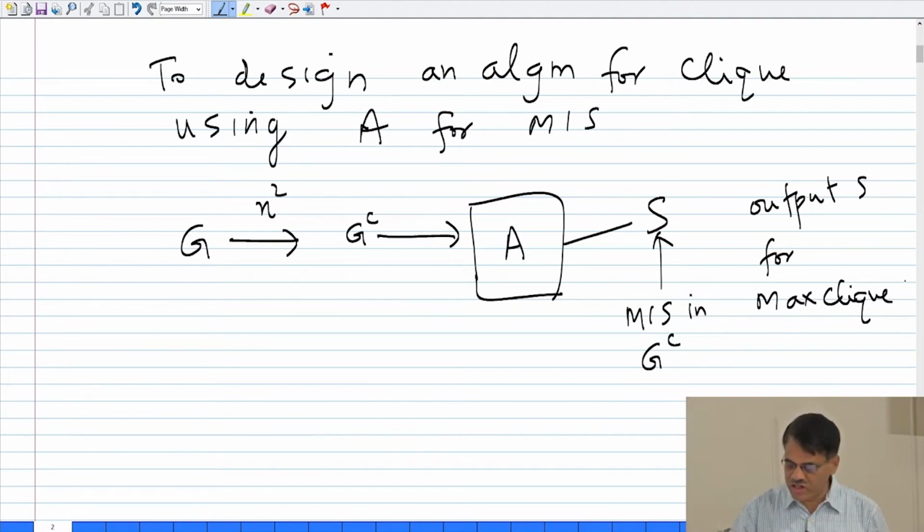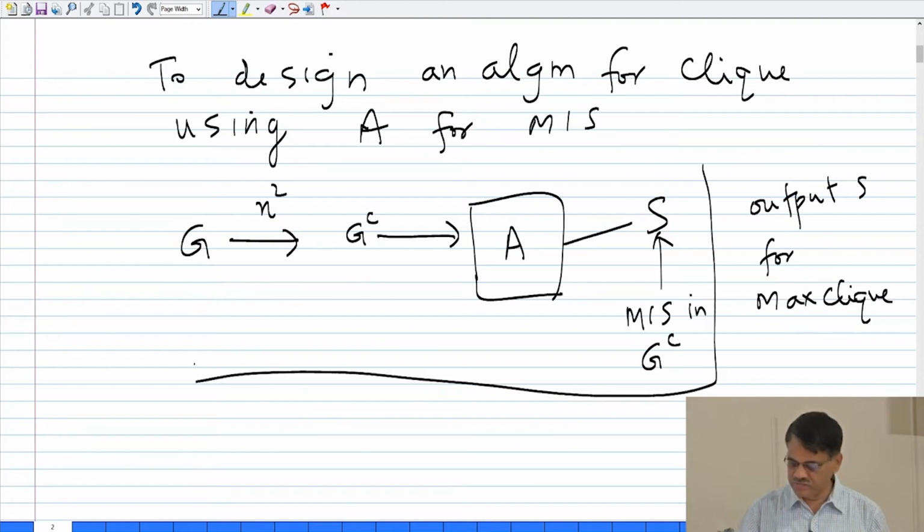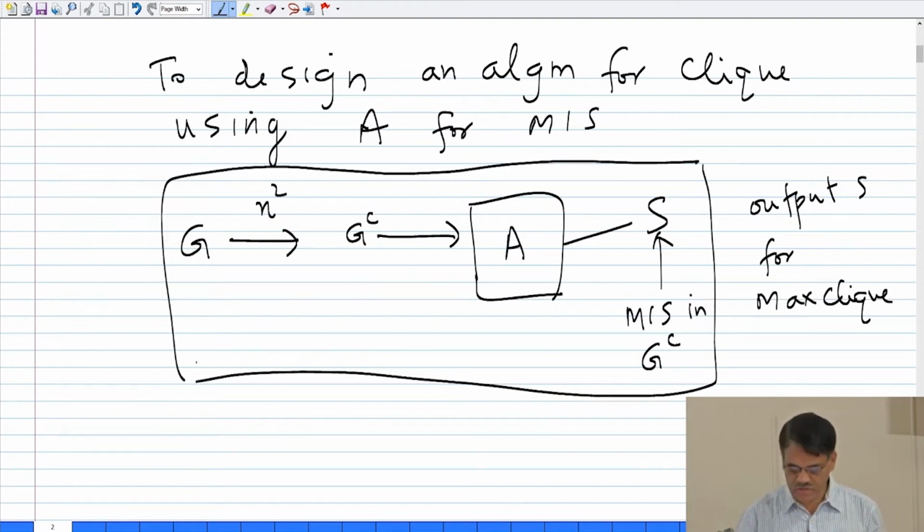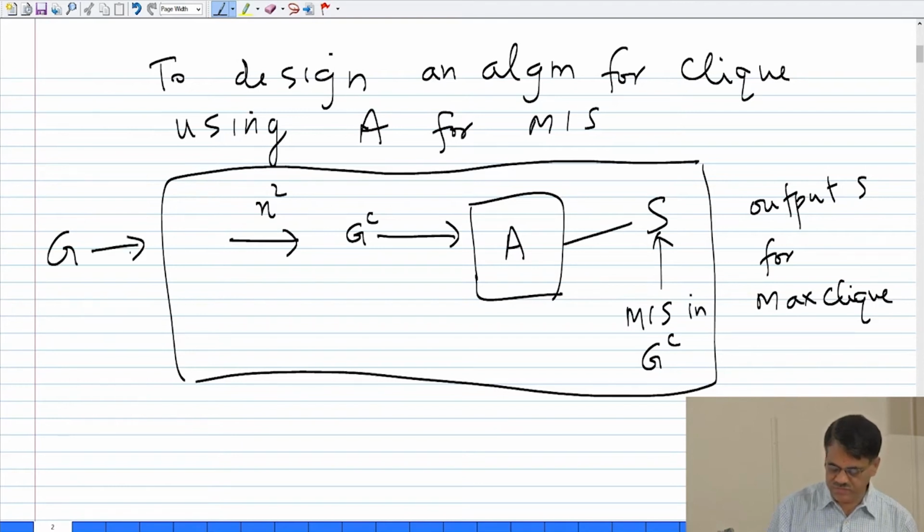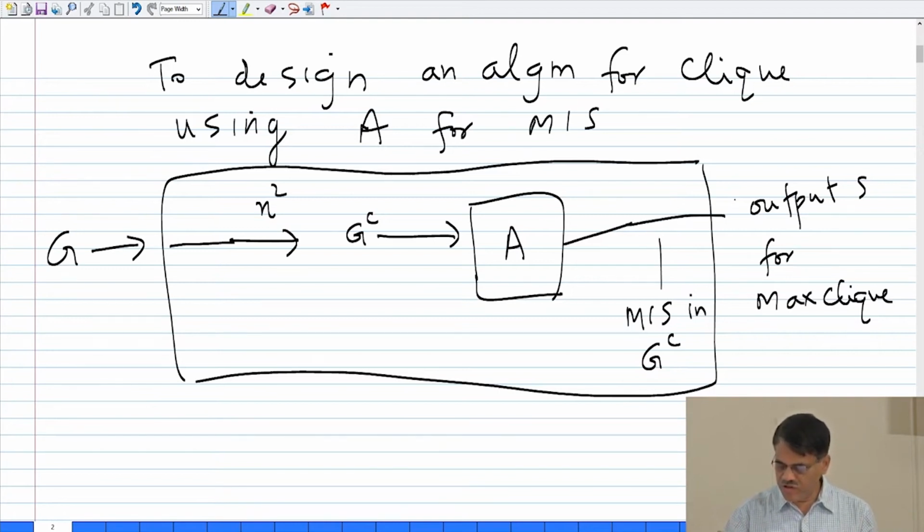So now let's call this entire algorithm A prime, which takes as input G and outputs S. This whole algorithm is an algorithm for the max click problem, and it is using an algorithm for independent set as a subroutine, right.